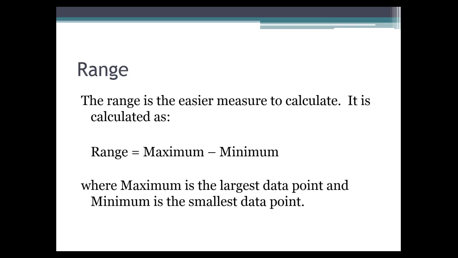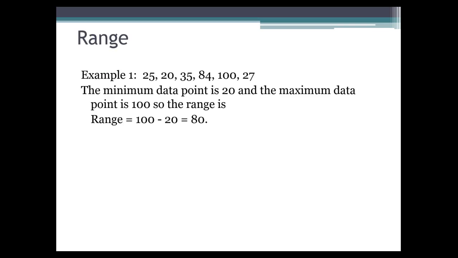The range is just the maximum data point minus the minimum data point. It's not incorrect to say that the data ranges from the minimum to the maximum, but when you're asked to give the range, they're asking for the maximum minus the minimum data point.